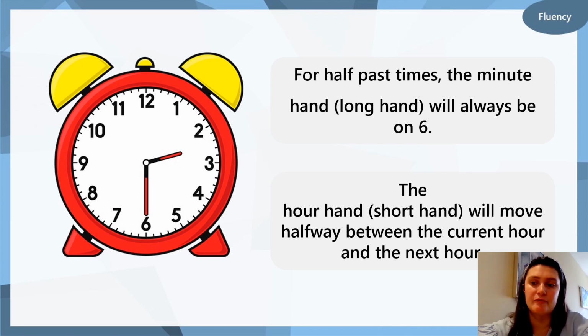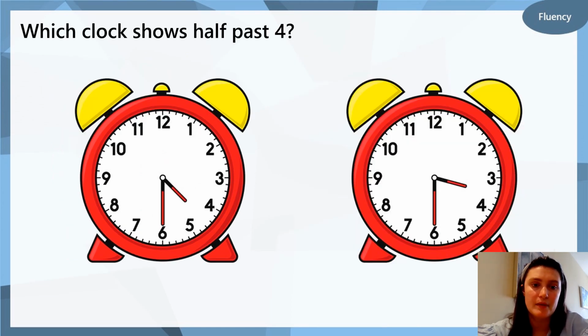Let's have a practice at reading the time to the half past. We've two clocks here. Which clock shows half past 4? So both of the clocks show half past because both of the long hands are pointing at 6. We need to find out which one is showing half past 4.